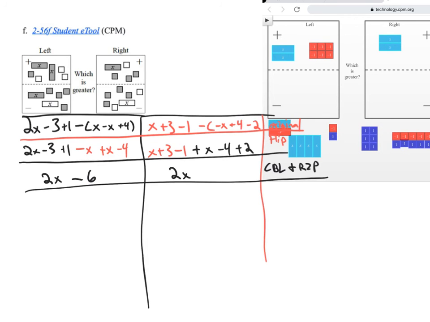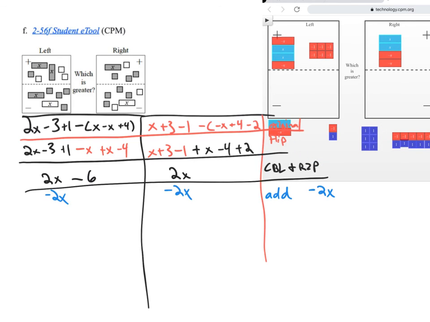So now, this is the step from 2.6.1 that might be a little bit more unfamiliar. But what's happening here is I'm taking these positive x's, and since they're on both sides, I can actually remove them. And so to model removing them, I'm going to add in a negative 2, which you'll see in the algebra here that if I am taking away 2x, well, that's kind of like adding 2 negative x's to both sides.